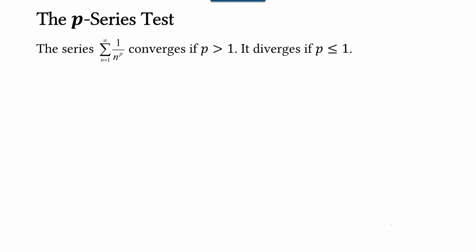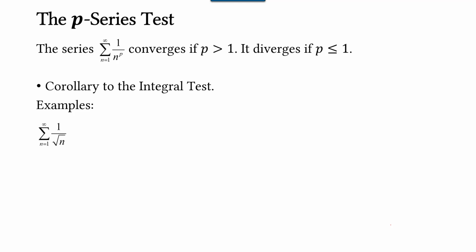We took a look at integrals of the form 1 over x to the p and saw that those integrals converged when p was bigger than 1 and diverged when p is less than or equal to 1. So the integral test gives this result as a corollary, that the series 1 over n to the p converges if p is bigger than 1, but diverges if p is less than or equal to 1.